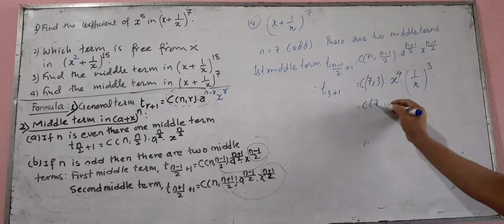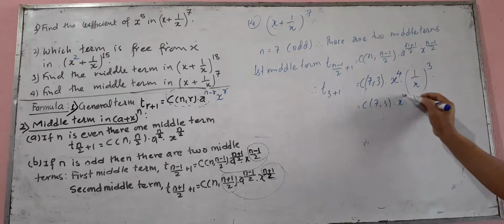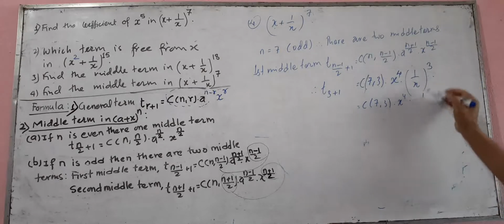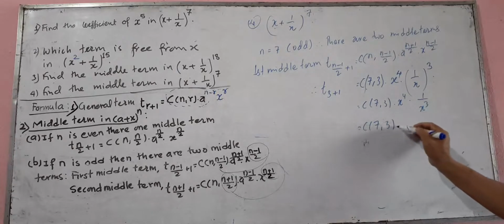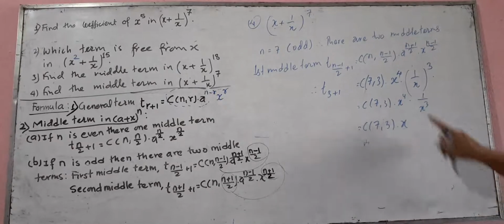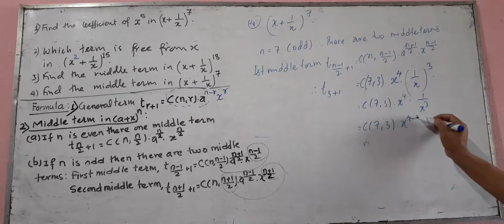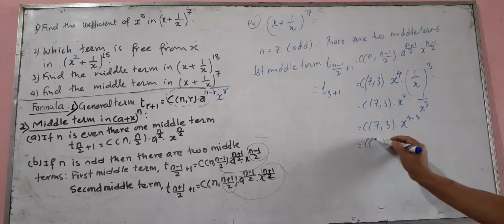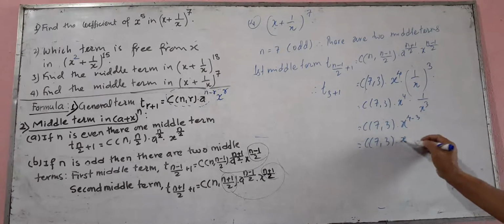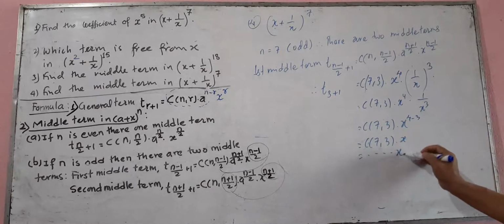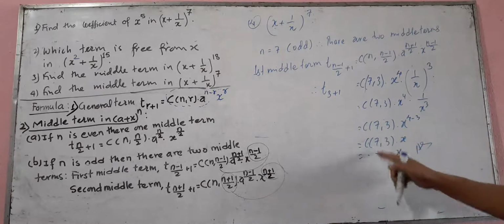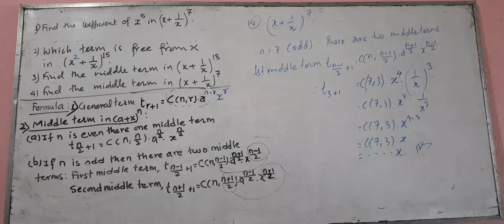So C(7, 3) times x to the power 4 times 1 by x cubed, and this is C(7, 3) times x, that is 4 minus 3. So you can expand it yourself. Okay, write the values of C(7, 3). This is the first middle term.